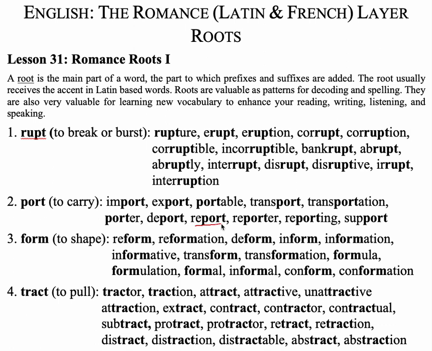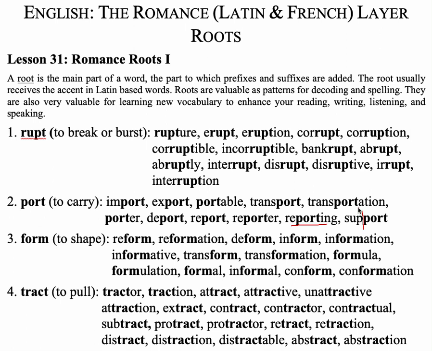So you're actually carrying information that comes from somewhere else back. And then a reporter, we're going to put an ER to make an agent. And so just like porter is someone who carries, a reporter is someone who carries this information again. And then you have the ing suffix, which is the Anglo-Saxon present participle. So you have reporting.